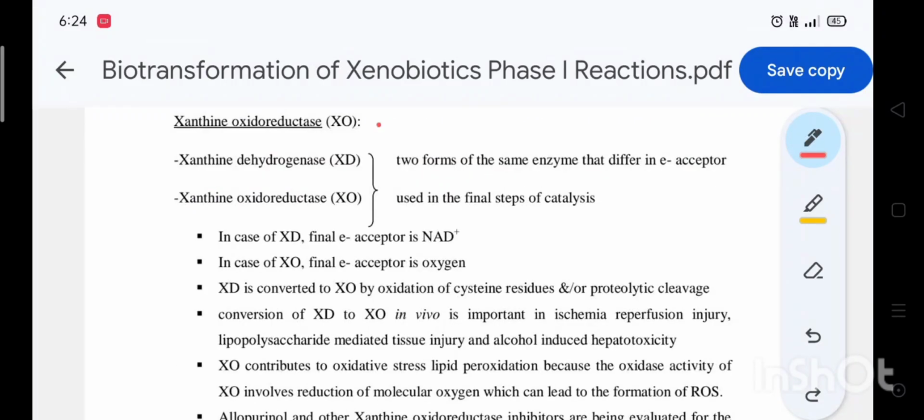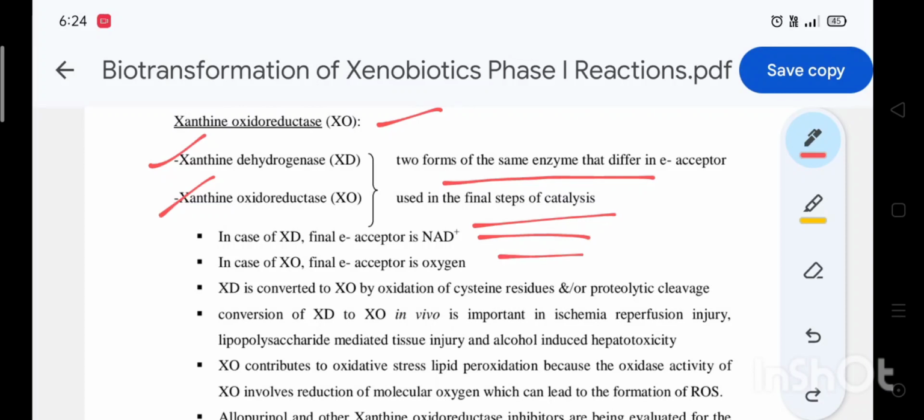Now xanthine oxidoreductase. There are two forms of the same enzyme that differ in the electron acceptor used in the final steps of catalysis. First is xanthine dehydrogenase, abbreviated as XD, and second is xanthine oxidase, abbreviated as XO. In XD the final acceptor is NAD plus, and in XO the final acceptor is oxygen.